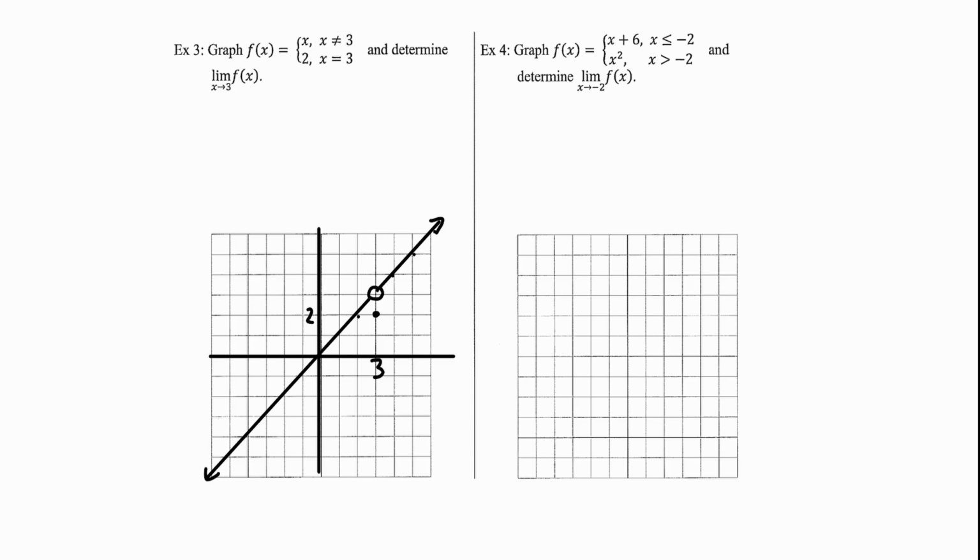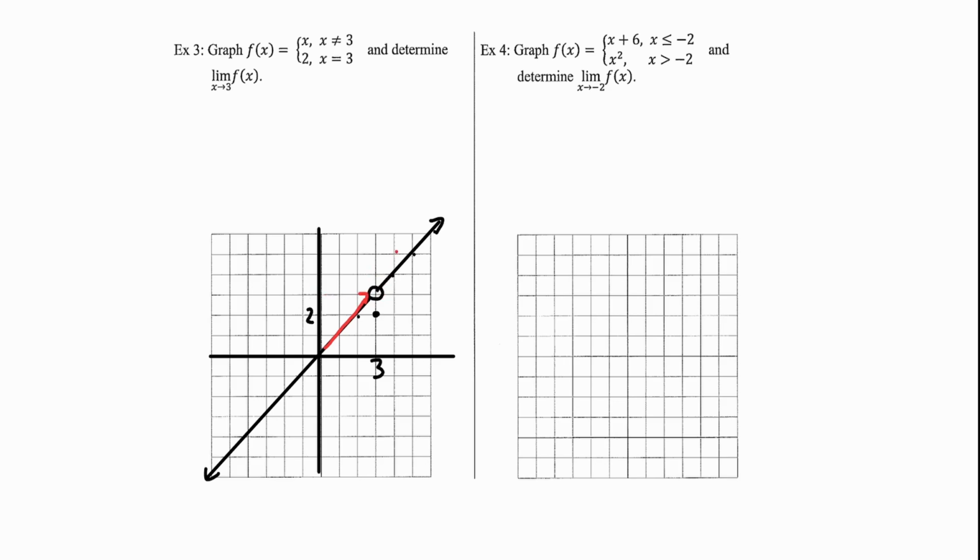And we're asked to approach 3 from both sides. So let's do that. If we approach 3 from the left, remember it's not x equals 3, we're approaching 3. We can see that it approaches y equals 3.